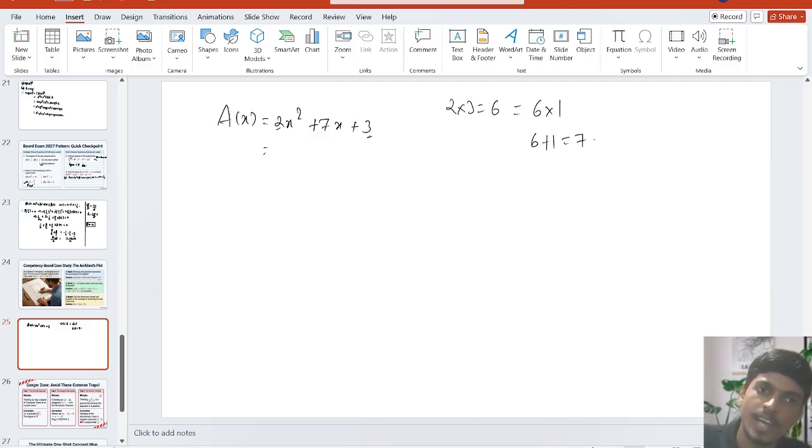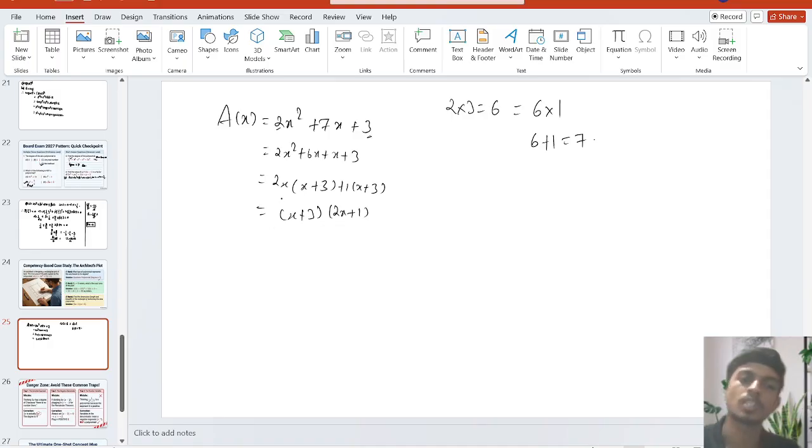So we can write 2x square plus 6x plus x plus 3, and 6x plus x is equal to 7x. Now take 2x common from the first terms: 2x into (x plus 3), and plus 1 common from the rest: plus 1 into (x plus 3). So x plus 3 is common from both, and this is (2x plus 1)(x plus 3).